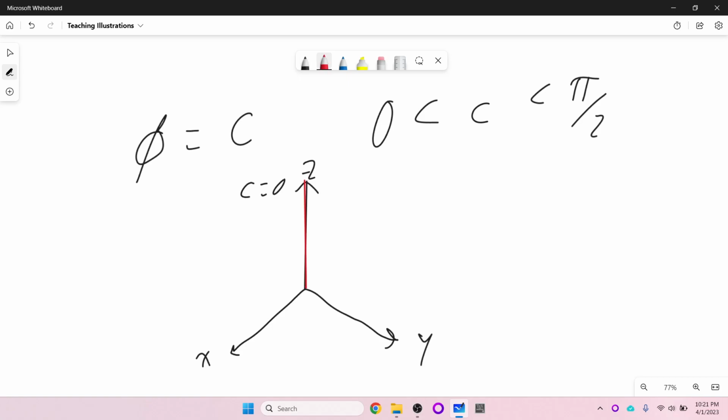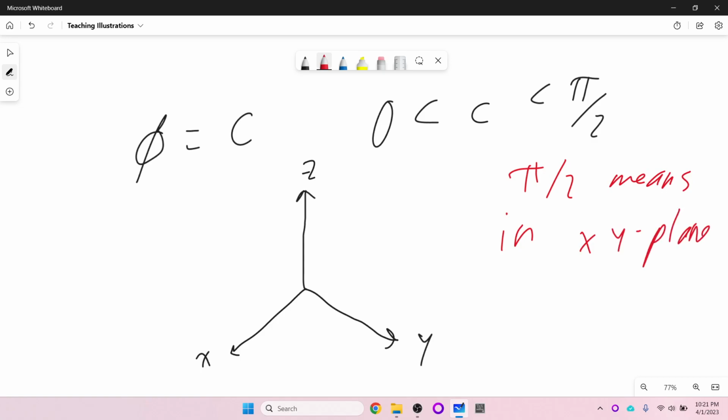We're pointing straight up. So that's not that interesting. All right, if c is pi halves, we're in the xy plane, and in that case rho would be the same as r, and we'd really be dealing with polar coordinates. So pi halves would mean we are on the ground, the xy plane.